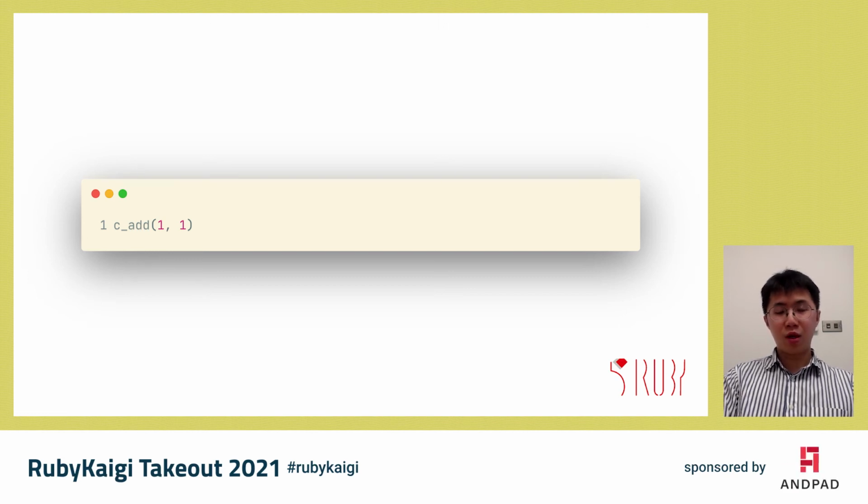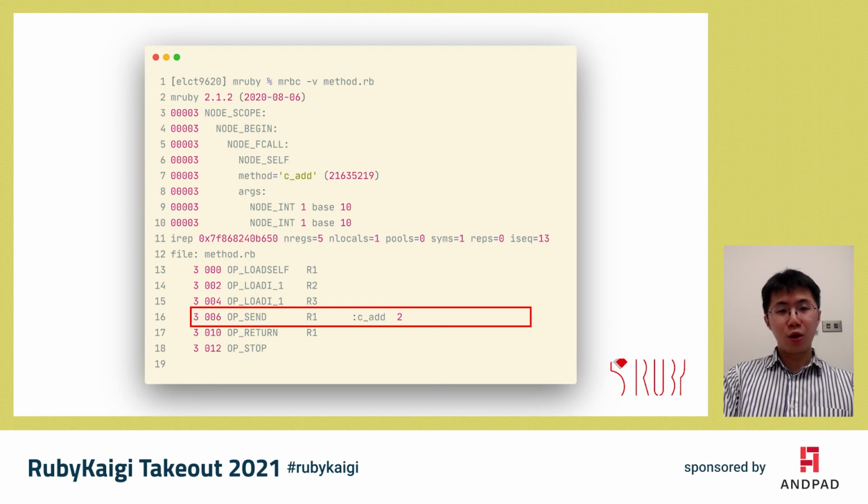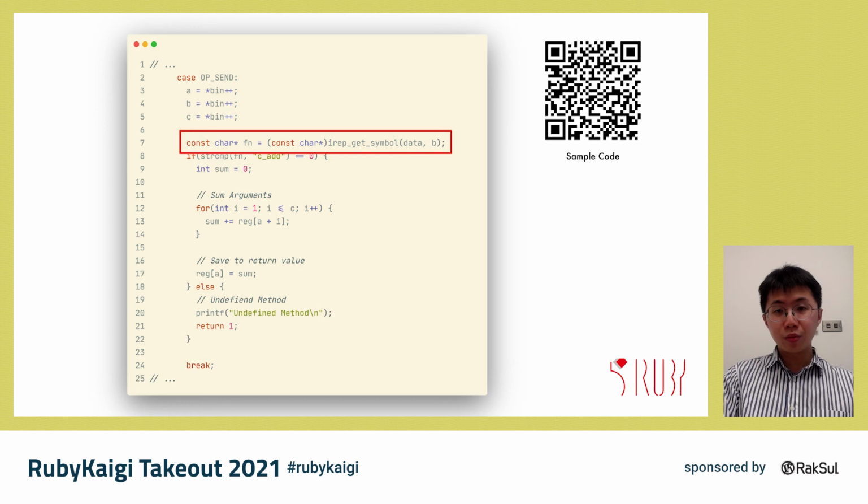This method is not defined in Ruby, so Ruby will try another way to execute it. When we compile it, we can see it just calls OP send, and it will try to find a method. If we did not define it and your virtual machine cannot find it, we can use an easy way to make it work.